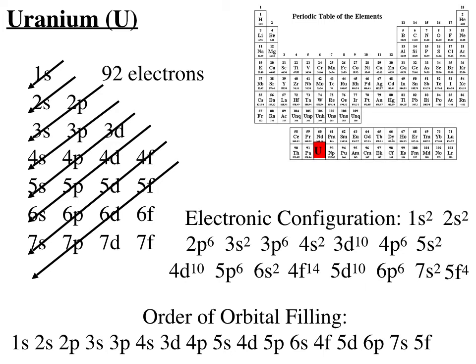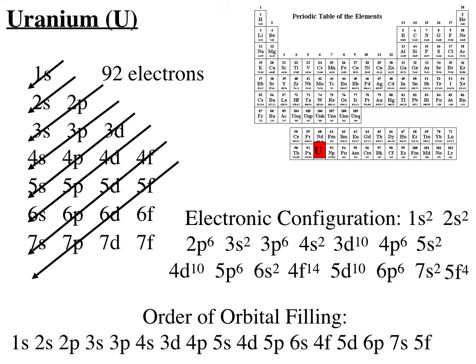A final example, let's look at uranium. Uranium, when it is neutral and has an equal number of electrons and protons, has 92 total electrons. It's getting way down there in the table, as you can see. So again, we'll use the Aufbau principle, occupy the lowest energy orbitals for this element, and just populate them with the maximum they can hold until we reach 92 electrons.